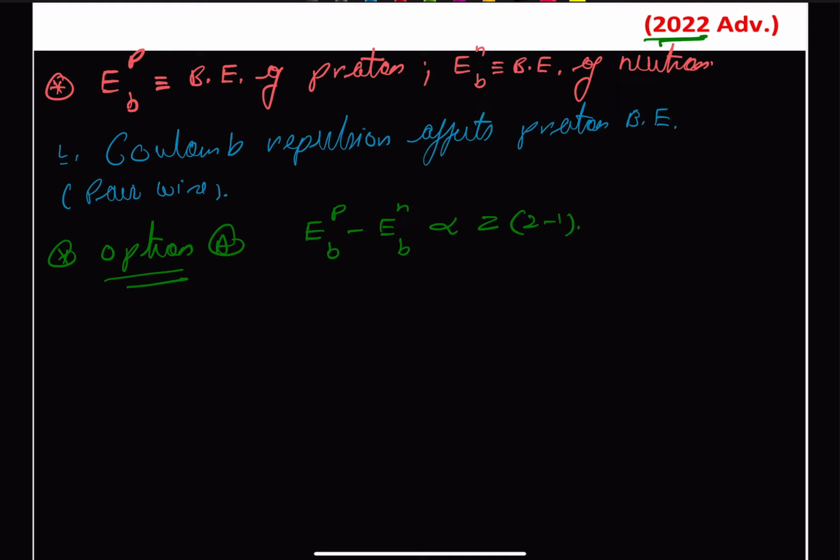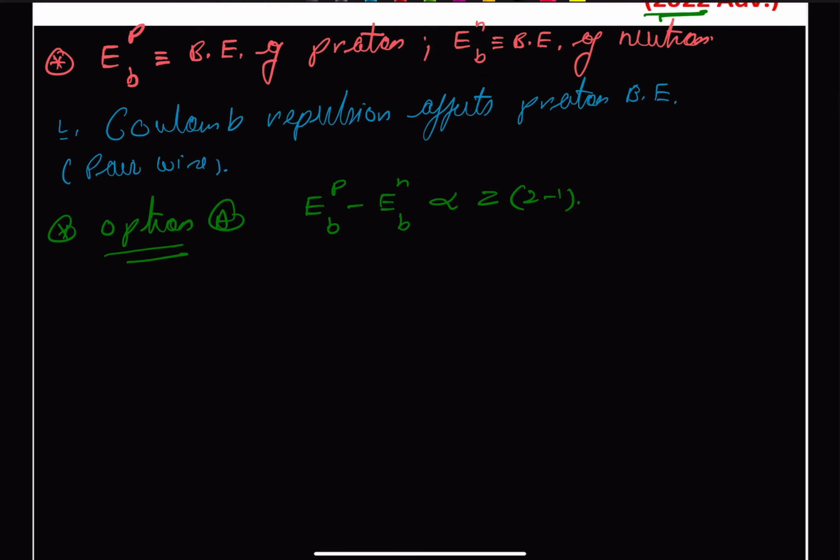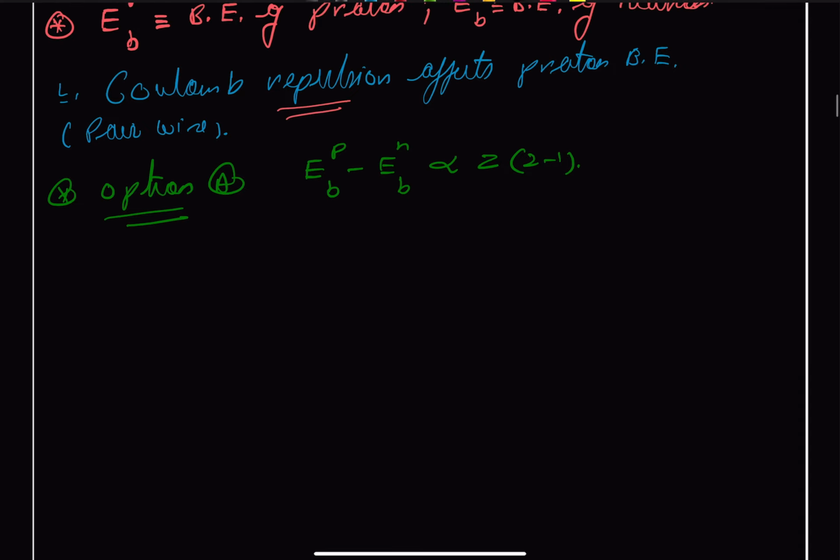So in this case, let us write the expression for the binding energy, and for the time being, let us consider that there is no repulsion. Then we can include the concept of repulsion also, because otherwise it will be a little difficult to sort it out.